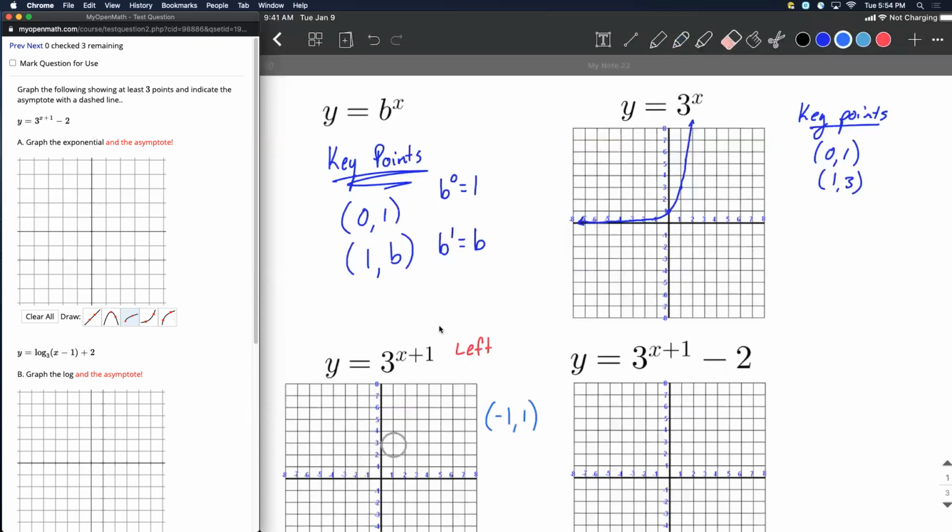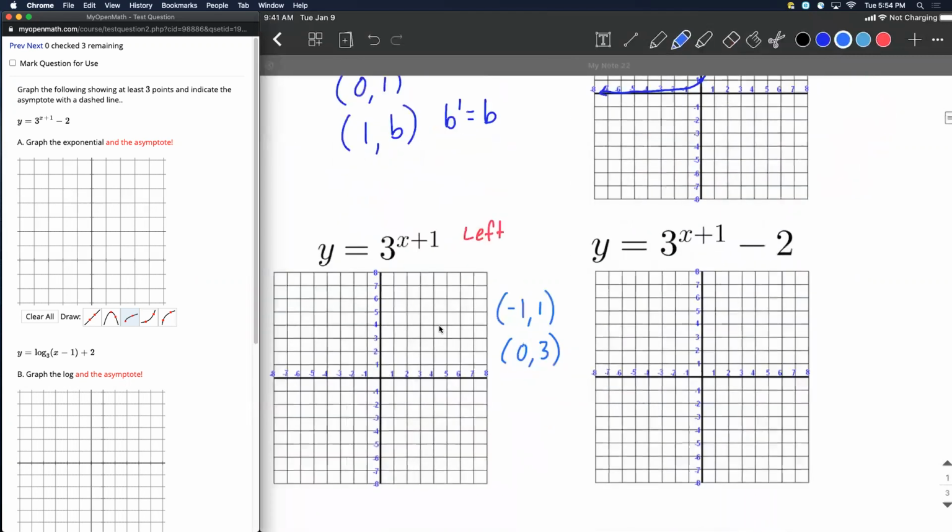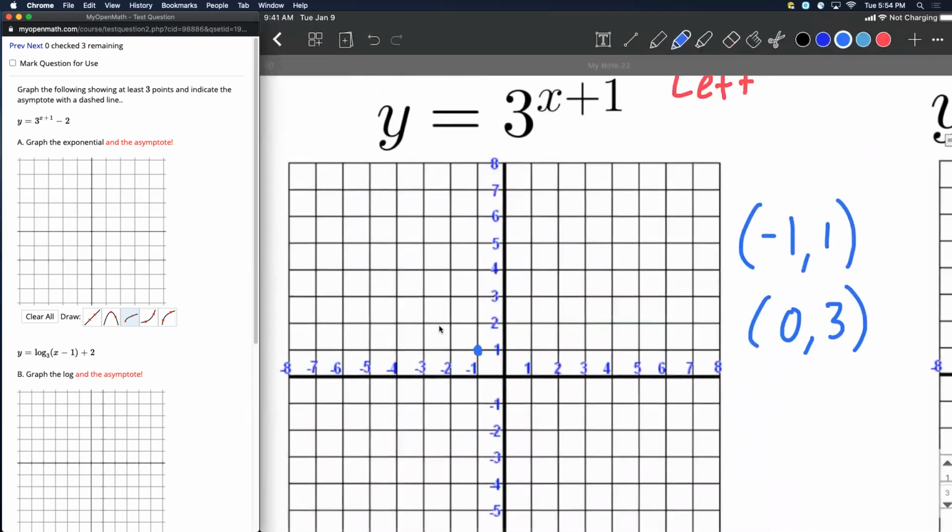As we pick it up and move it to the left 1, it's going to be at 0, 3. All right, so negative 1, 1 and 0, 3. The rest of the graph picks up and moves over to the left 1 as well. Now, we didn't move our horizontal asymptote. It's still at the x-axis.